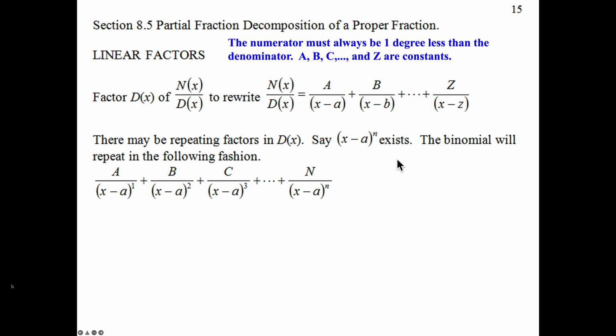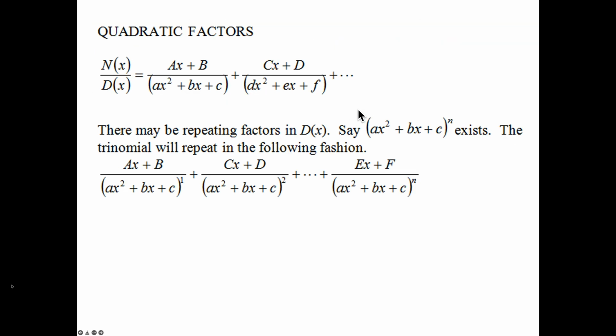We can have a quadratic factor. All right, so if I have a quadratic factor, so this trinomial does not factor, it's considered prime. It could be like x squared plus x plus 1, or x squared plus 8, something that doesn't factor.